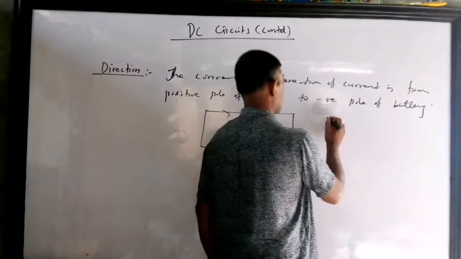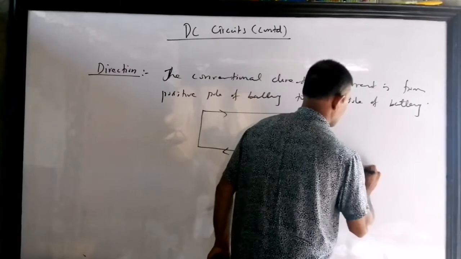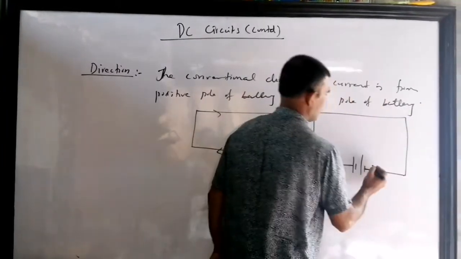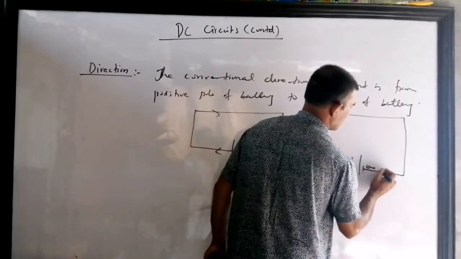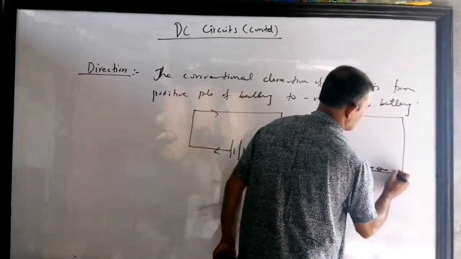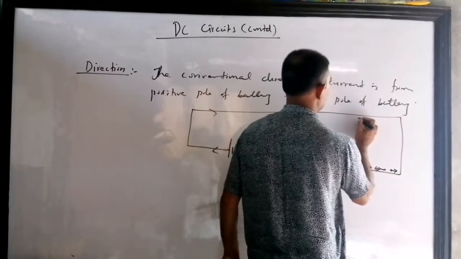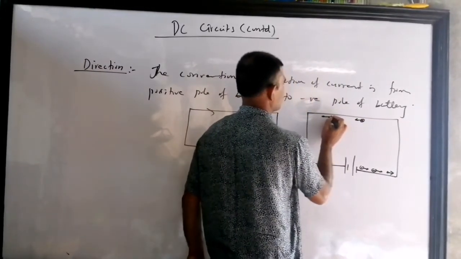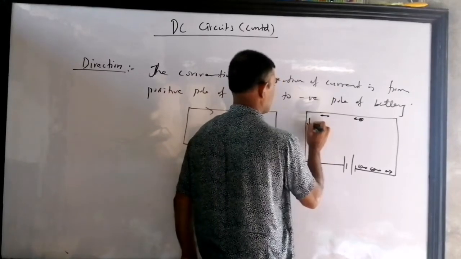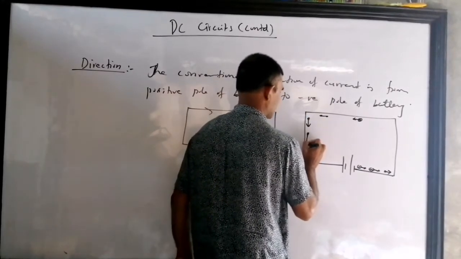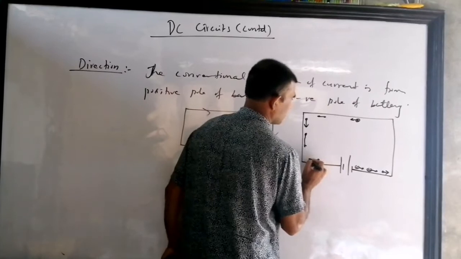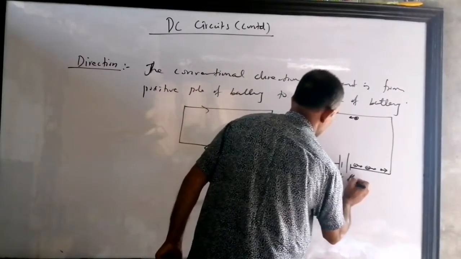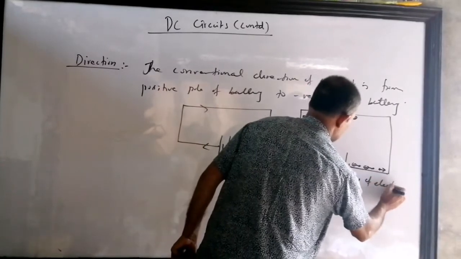And if you want to show the direction for the electron also, you can make another figure. This time you make the electron, and this negative electron is moving in this direction. So this is the direction of flow of electrons.